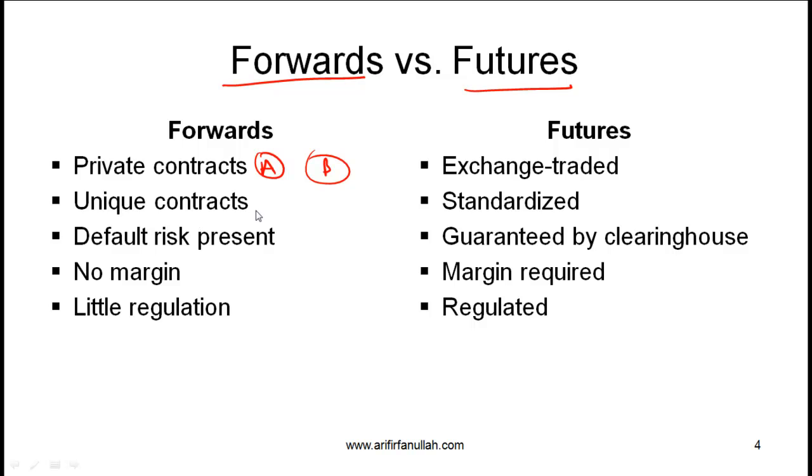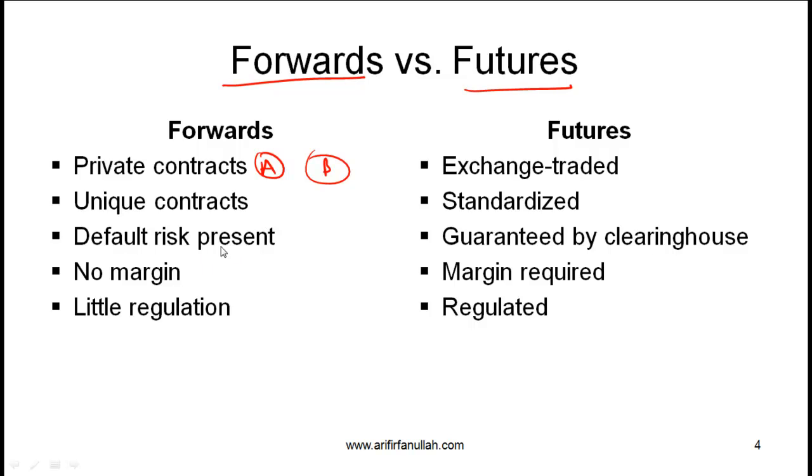They are unique contracts in that you can define a forward contract for any underlying as long as both parties agree. The contract can have terms and conditions agreed upon between A and B: the quality of the underlying deliverable, the delivery date, etc. As long as the two counterparties agree, you can define a forward contract for anything.